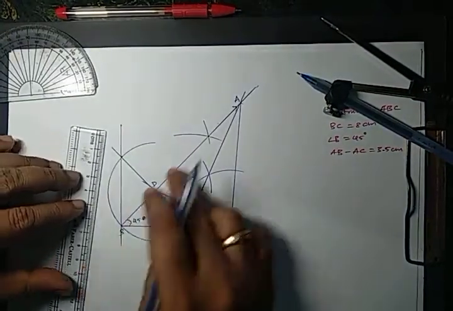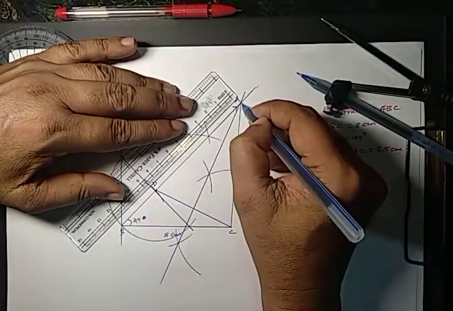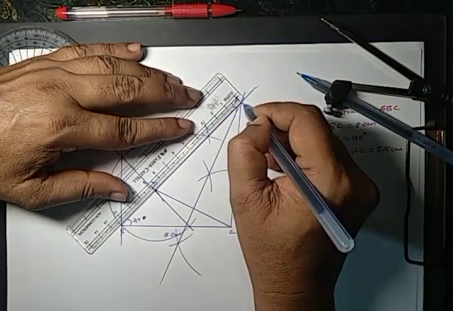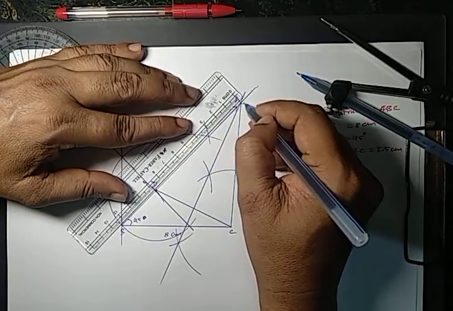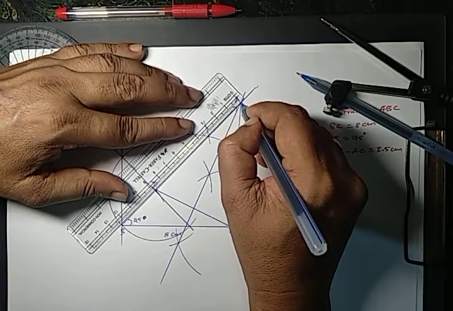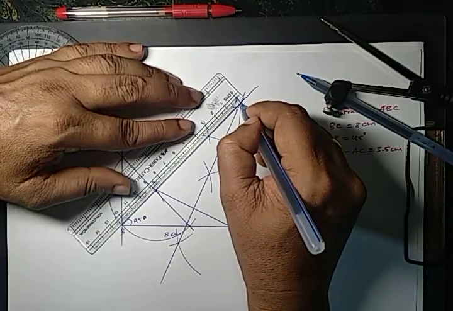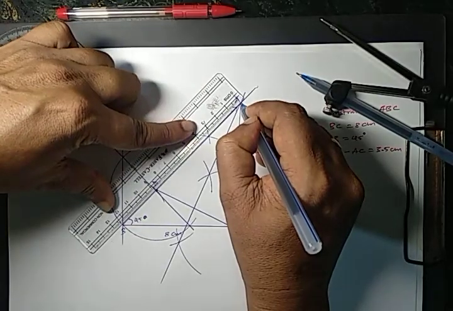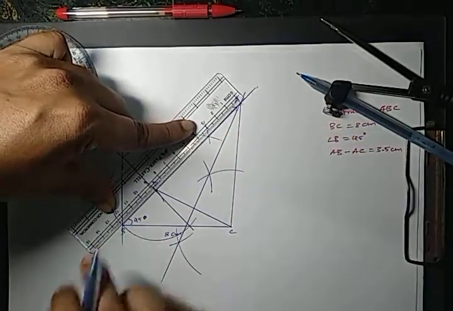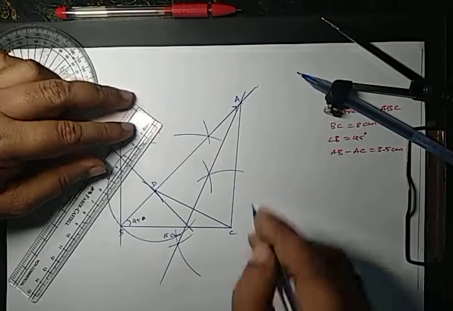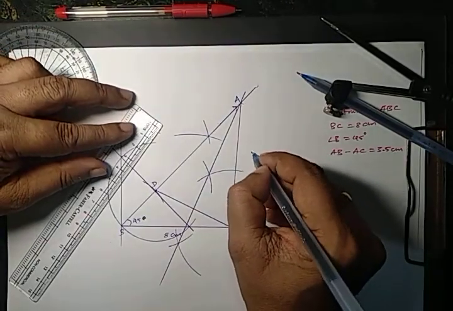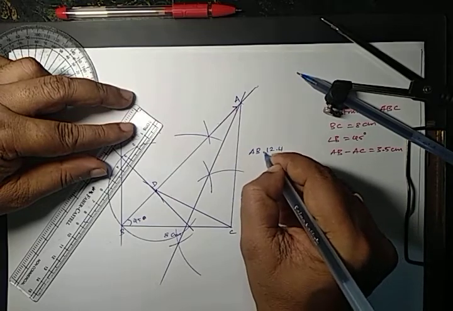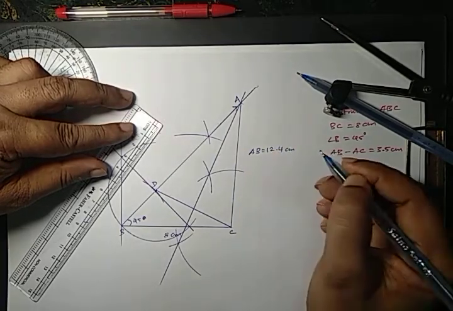Now take the measurement of A to this one. What measurement are you getting? I am getting 12.4. So AB is 12.4 centimeter.